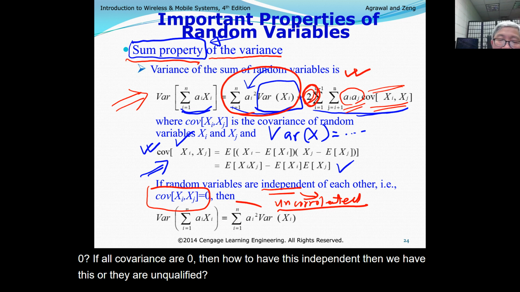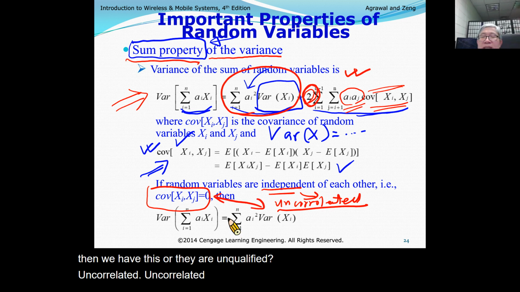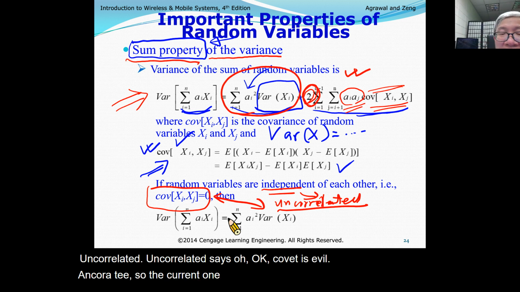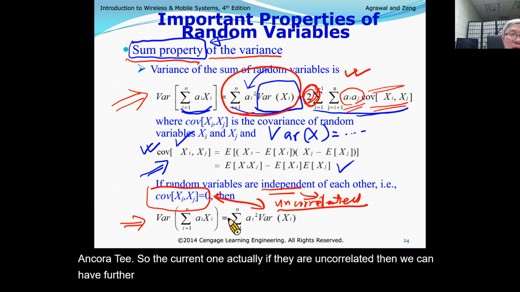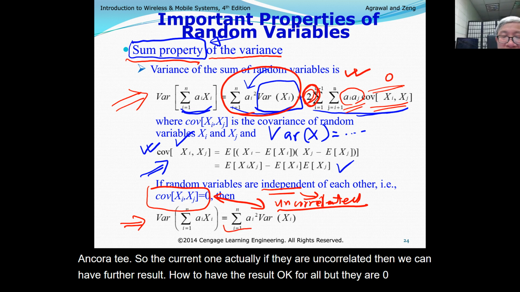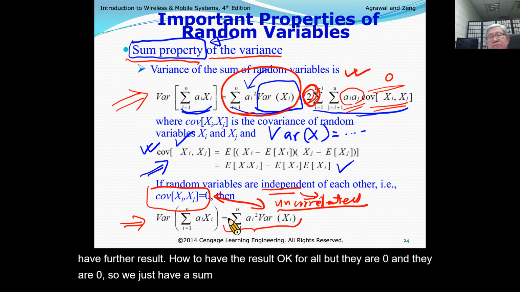Uncorrelated says covariance is 0. So if they are uncorrelated, then we can have the result. How? For all values, they are 0, and so we just have the sum of the variances.